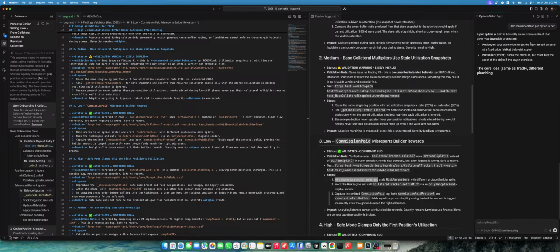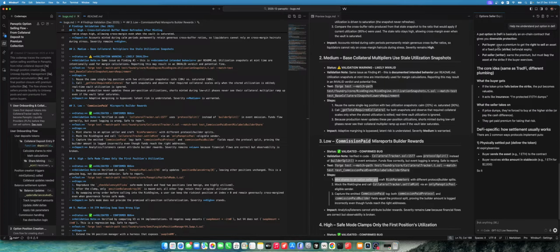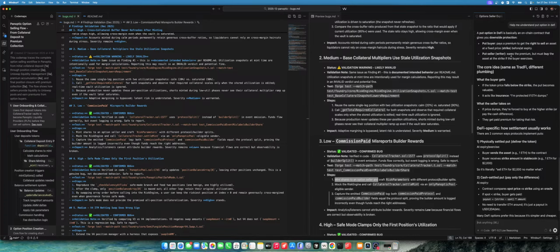The put buyer pays a premium to get the right to sell an asset at a fixed price. The put seller, the writer, earns the premium, but must buy the asset if the buyer exercises.